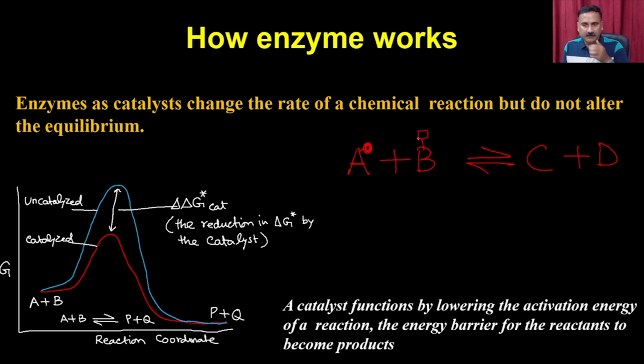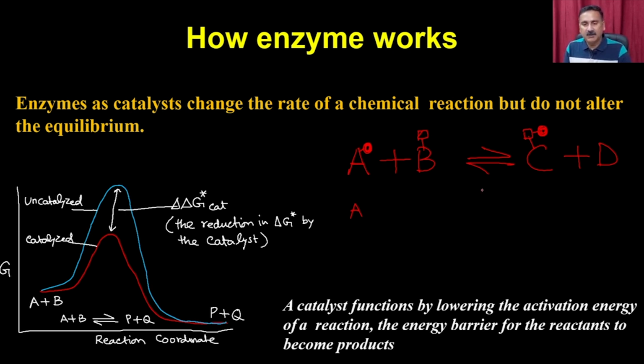If B has to be converted into C, which has this group, this group is removed from A and connected to B, and that's how B gets converted into C, and A becomes D, because A no longer has that group.